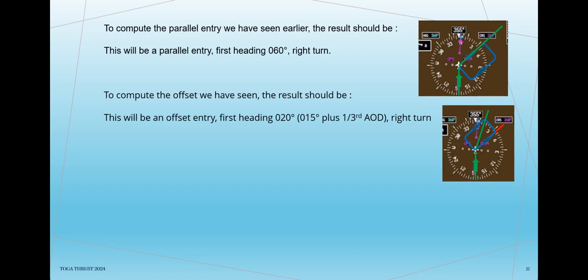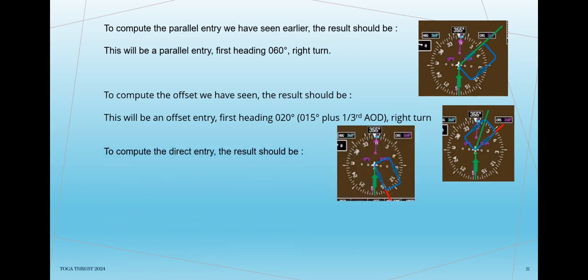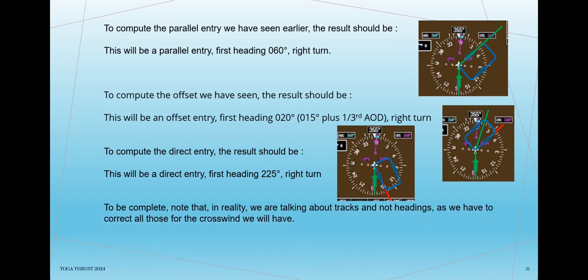To compute the direct entry, the result should be: this will be a direct entry, first heading 225 degrees, right turn. To be complete, note that, in reality, we are talking about tracks and not headings, as we have to correct all those for the crosswind we will have.